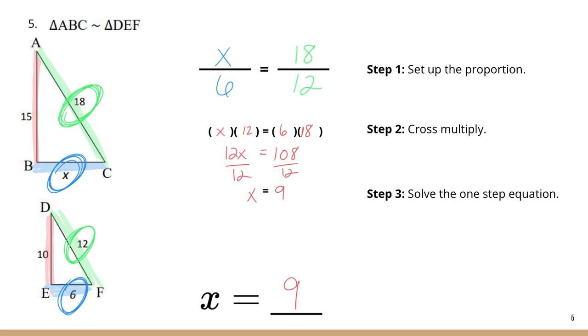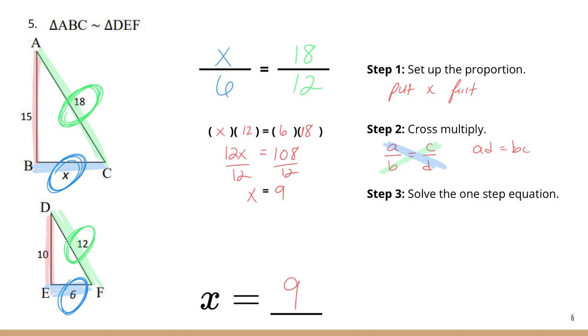So we talked about this in the steps: set up the proportion. You always want to put x first, and then you can pick things that follow. You're going to cross multiply, so the top of one times the bottom of the other. We talked about this in our notes on Tuesday, as if we're imagining C times B and A times D. So we would have AD equals BC.